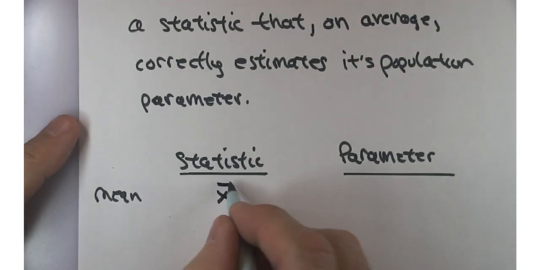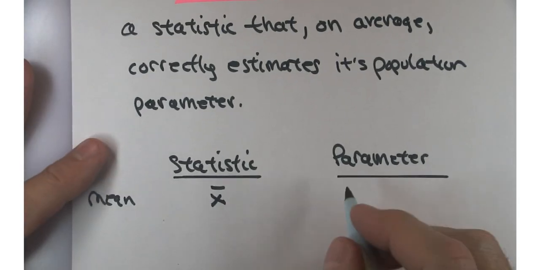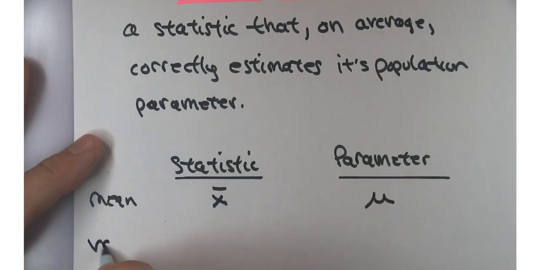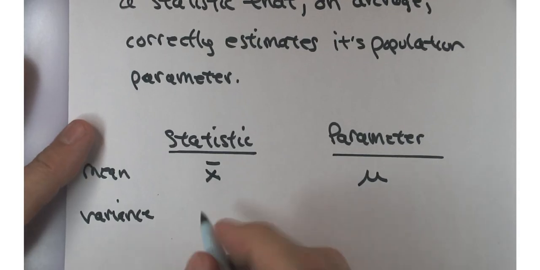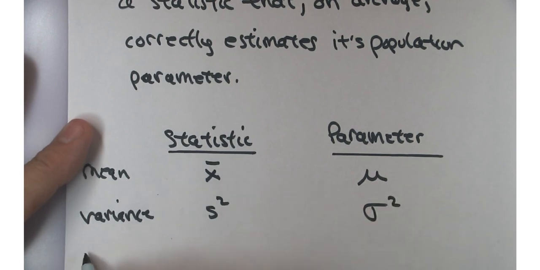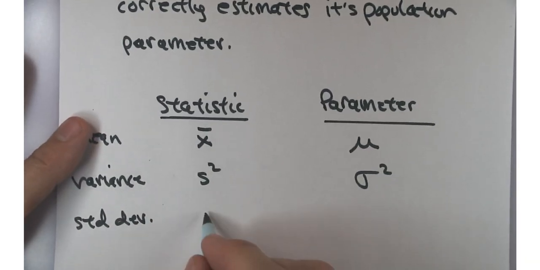That would be X bar. What's the corresponding population parameter? Mu. For the variance, that's going to be S squared, and the parameter is going to be sigma squared. How about for the standard deviation? S and sigma.